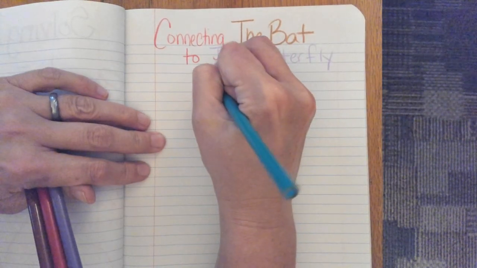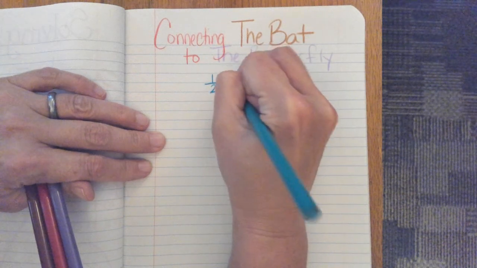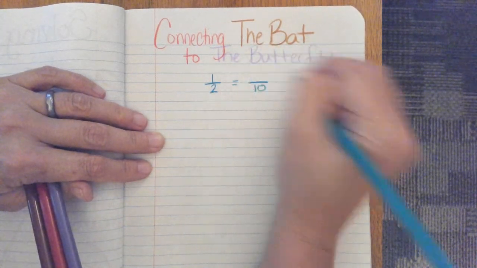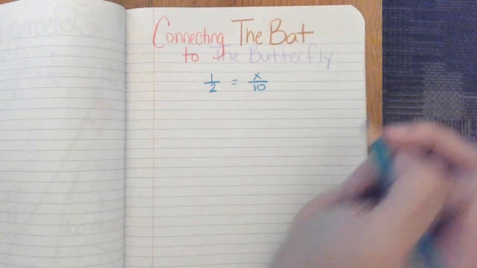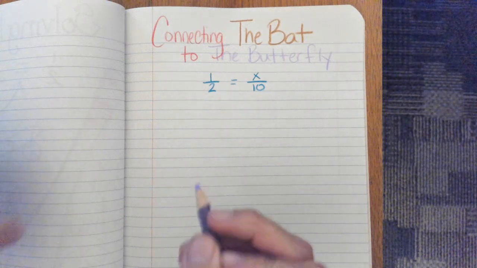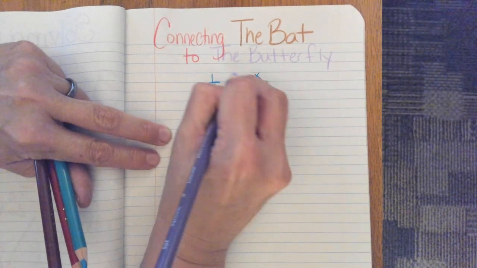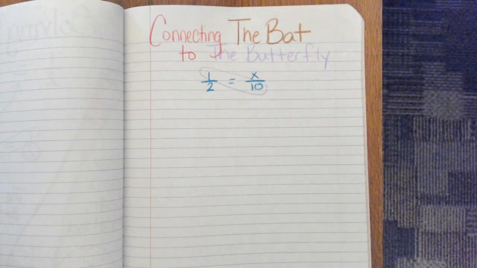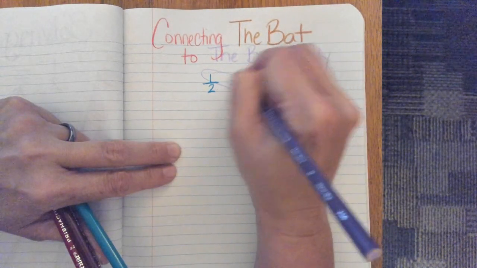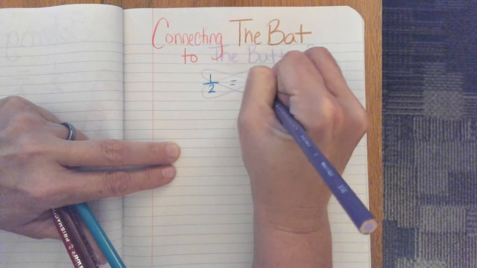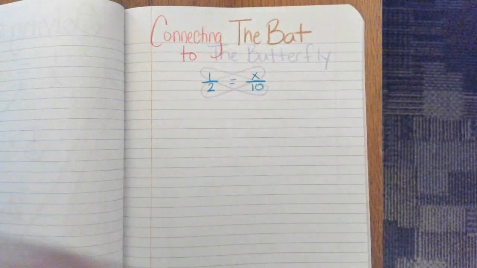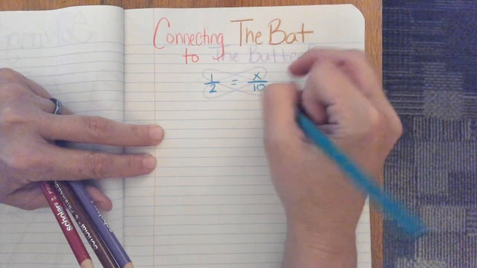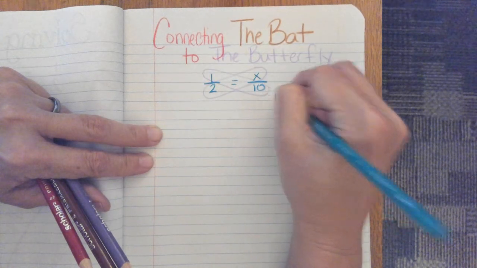Okay, so the same example, 1/2 equals something over 10. And that something is an unknown number. Well, the butterfly starts off like the bat. And then, again, this only works because I have an equal sign. Then I multiply both sides, so 1 times 10 is 10.